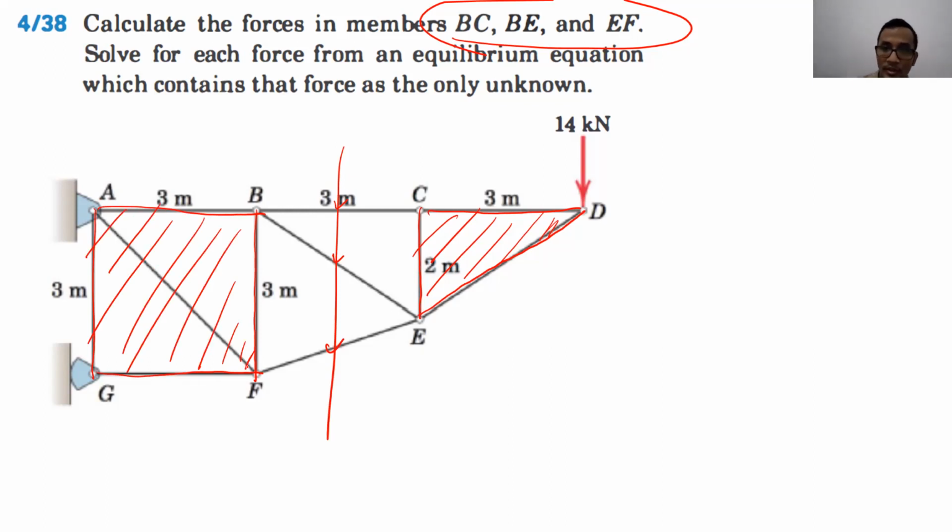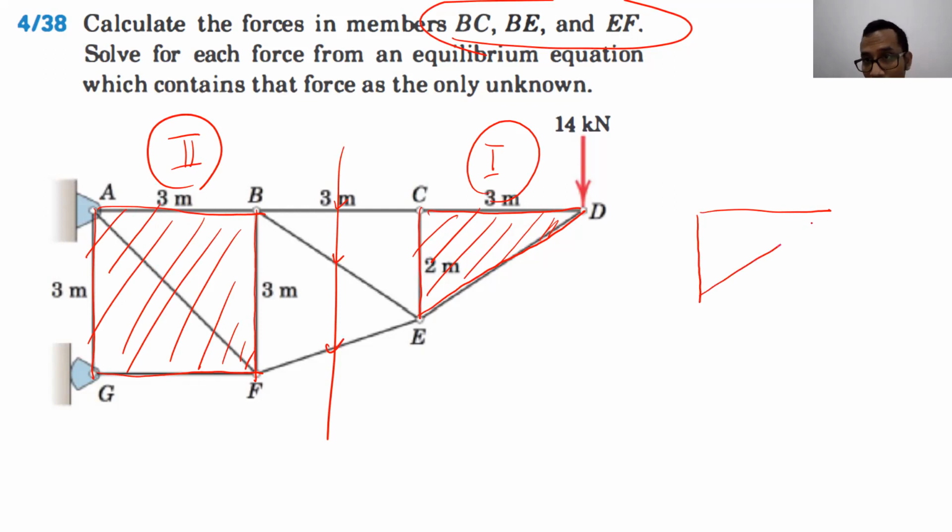Okay, this one is the first free body diagram, and this one is the second free body diagram. From the first free body diagram, we can draw it like this. You can solve for either one actually, but for this case, there is only one that you can solve directly. So we have 14 kilonewton. What else?